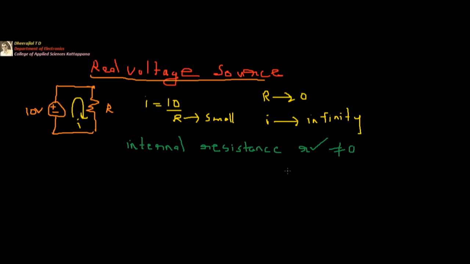If you consider a flashlight battery, it has an internal resistance. You denote the internal resistance as r.